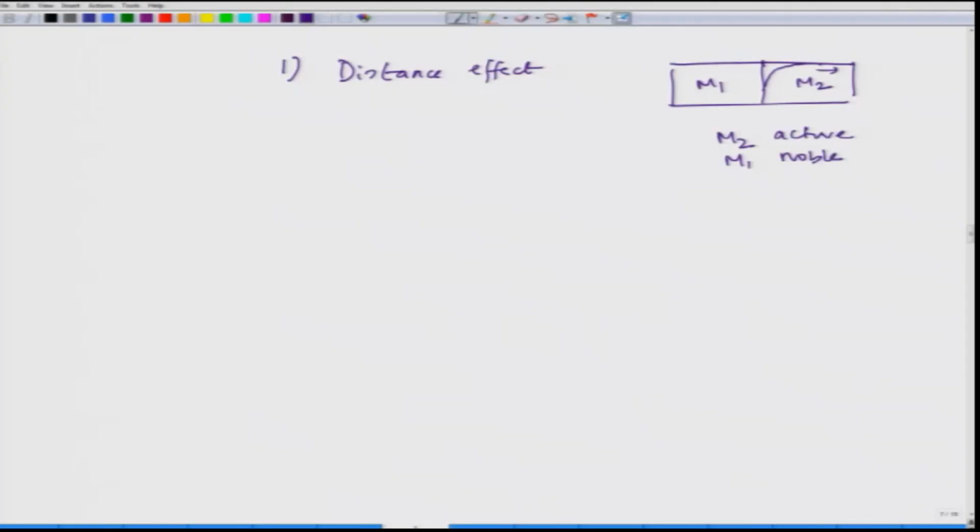Now, in this regard, as we have mentioned active and noble, this factor will be pronounced if we have a polarity change. This is another factor, and the polarity change is serious.